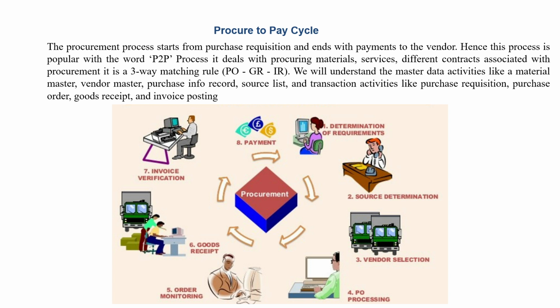Now let me explain the determination of requirement. In a company there will be departments like HR, production, quality, and many others. Let us assume the HR department wants a laptop. They will raise a request saying they want this much quantity of material on this delivery date, and they will send this purchase requisition to the purchasing department.